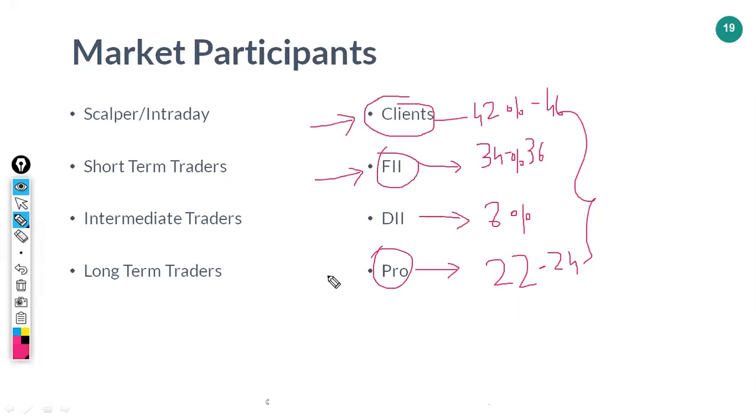And pros, they do both. Mostly they play with straddles and strangles, hedged option strategies. Mostly neutral option strategies are what they practice. Right, so DIs, as I said, they don't speculate anywhere in derivatives. They mostly use it only as a hedging tool there.